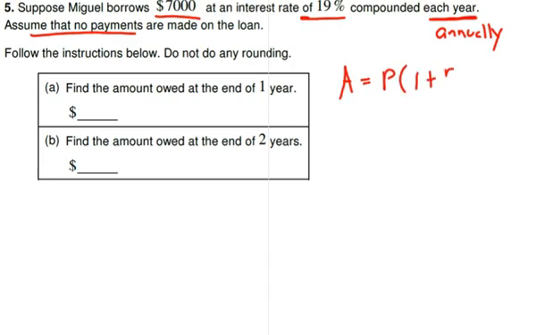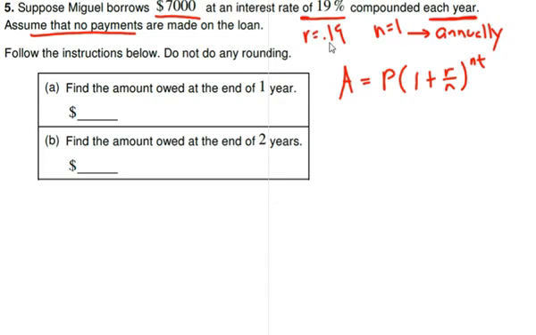If you remember, that formula for something that compounded is A equals P times 1 plus r over n to the nt, where P is the principal, A is whatever that final amount is. So compounded each year or annually, that means that n is equal to 1.